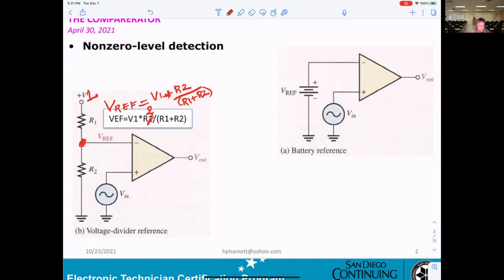In the figure, they just show the V reference and the V in, and they try to compare.